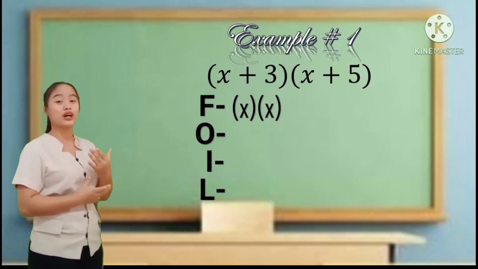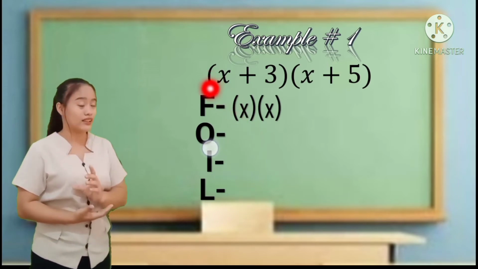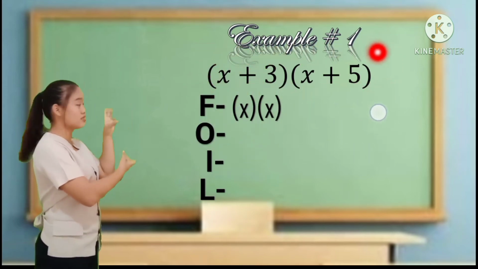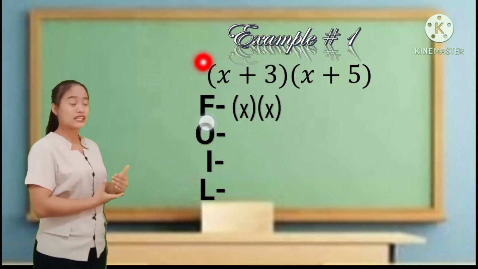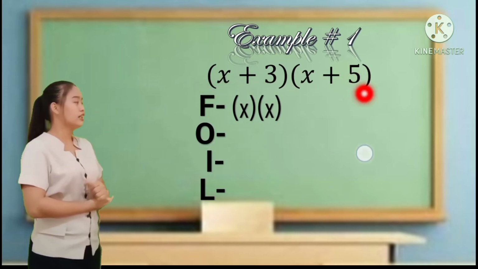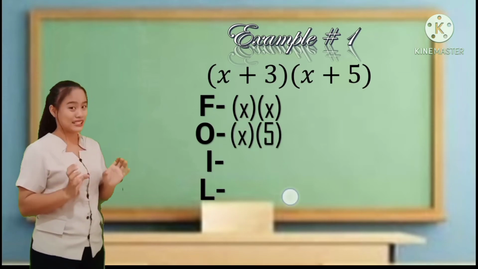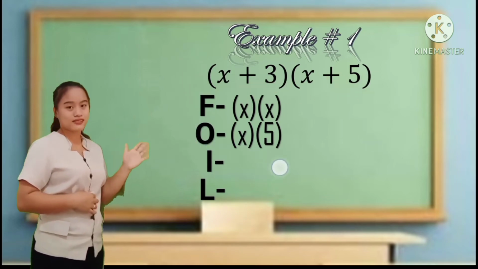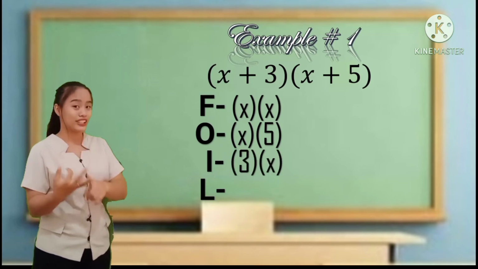We are referring to the terms near the outside. If this is our binomial, we can box it, and the outer terms, or the terms near the outside, are x and 5. The inner terms, of course, are the terms inside the box, so we have 3 and x. Understand the terms? The first, the outer, and the inner.